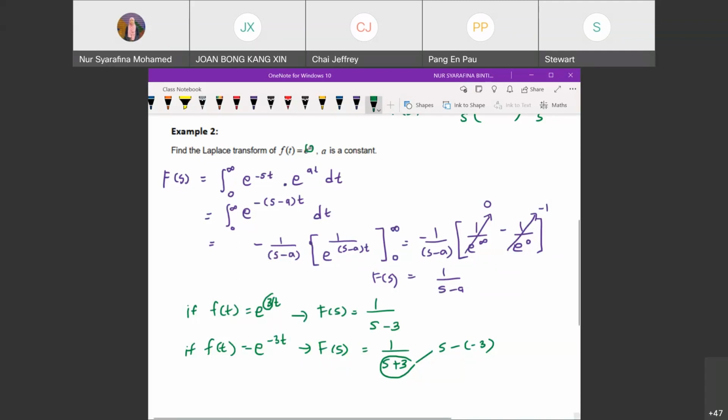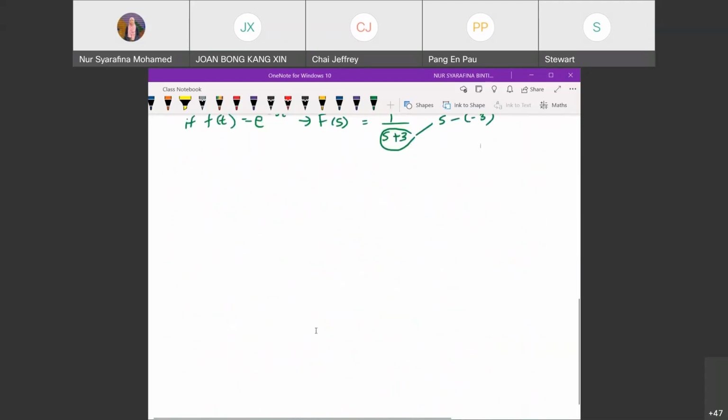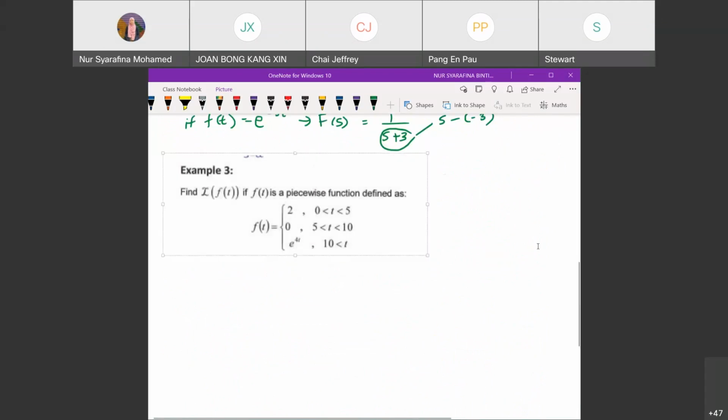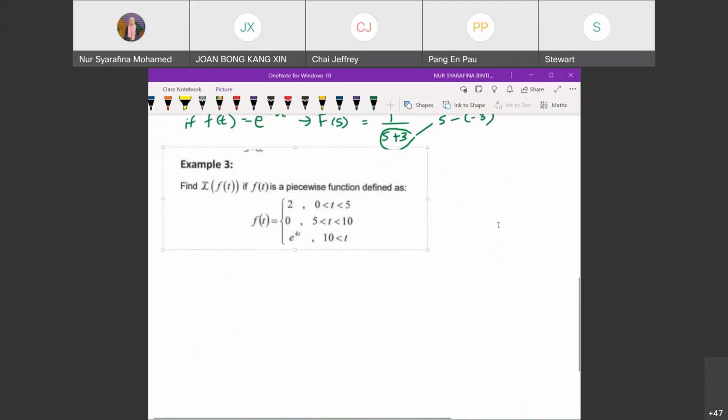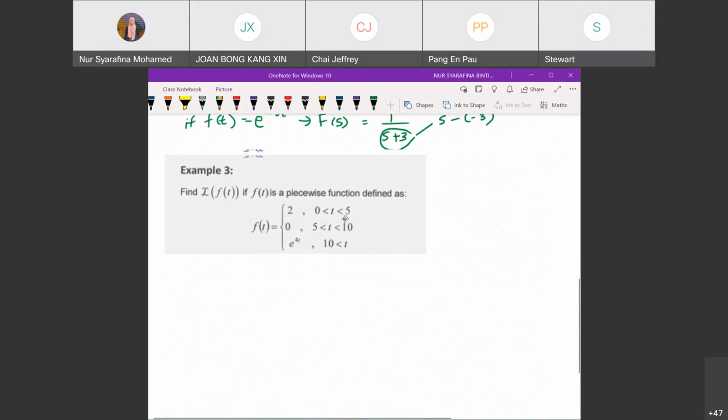Okay, next. What if we have a piecewise function? So how can you transform this kind of function? What you need to do is to transform one by one.